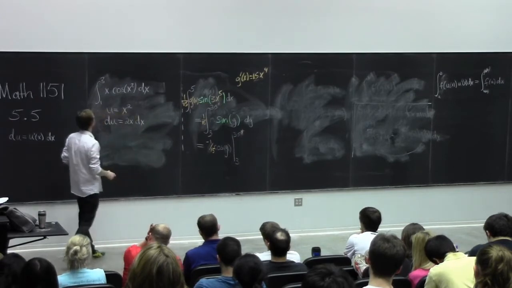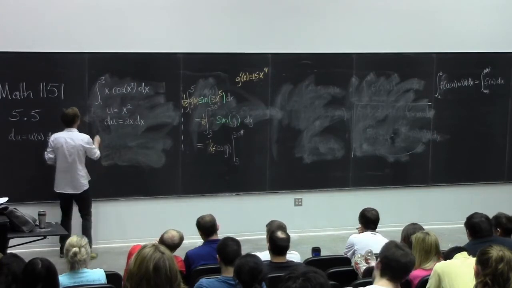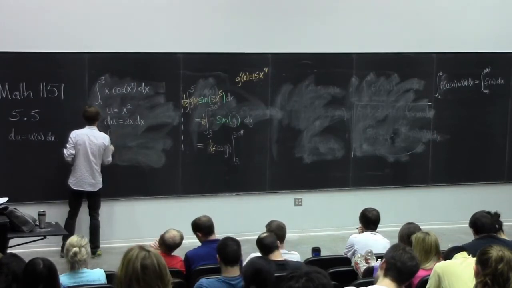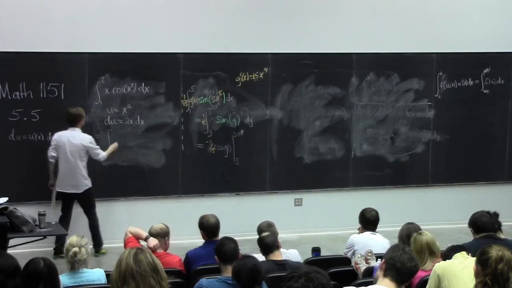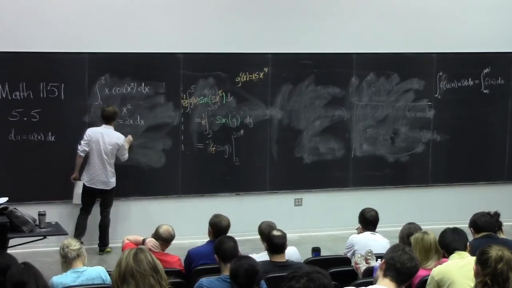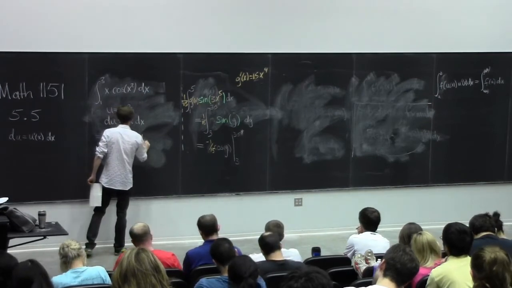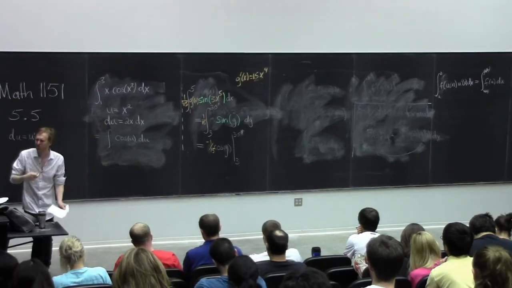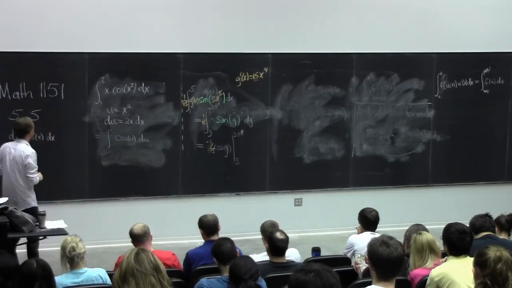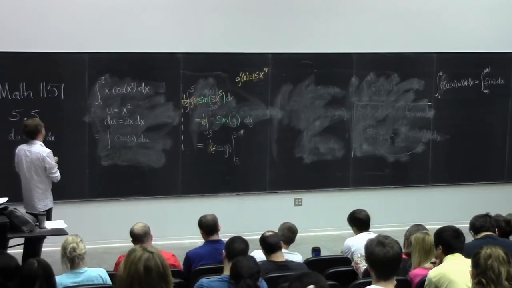All right, so now we rewrite the integral. This integral up here is going to be equal to cosine of u du. Then I say, is that correct, when I plug everything back in?